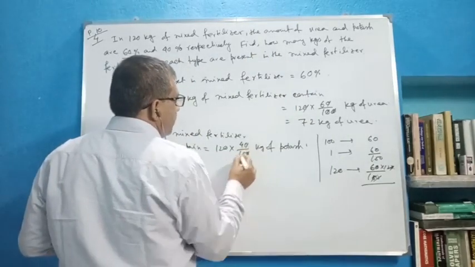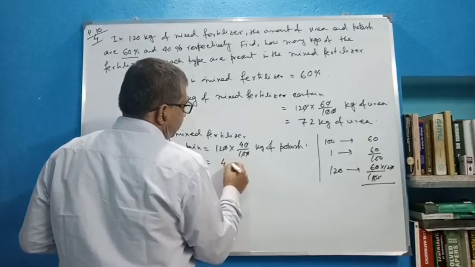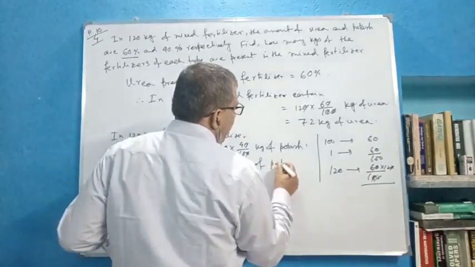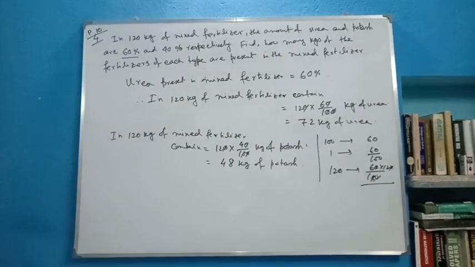After simplifying, zero cancels zero, 4 into 12. So the amount of urea is 72 kg and the amount of potash is 48 kg.